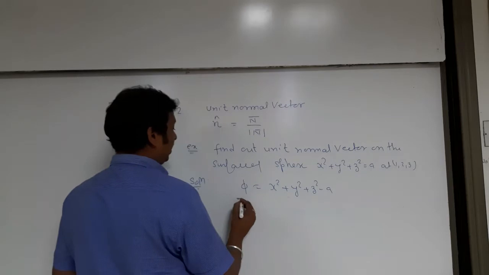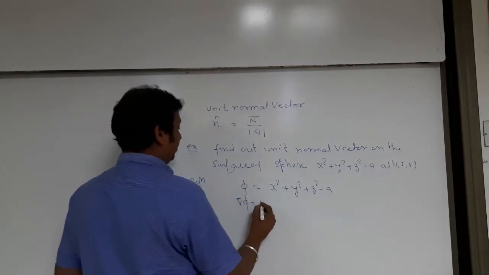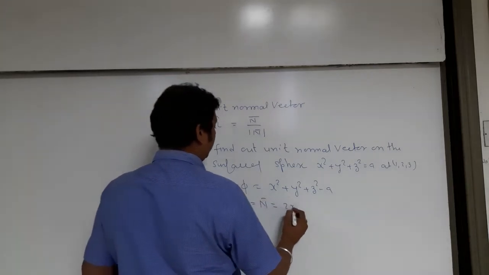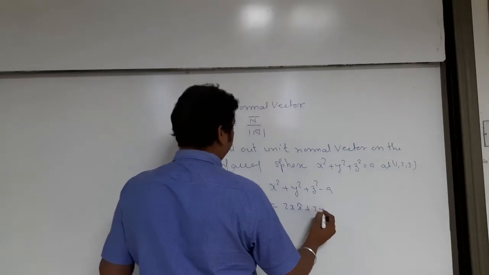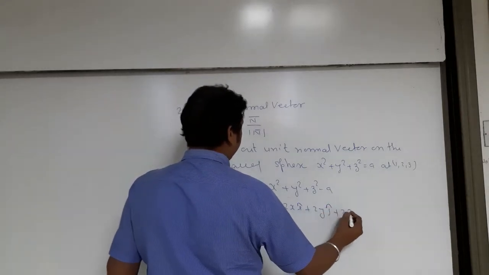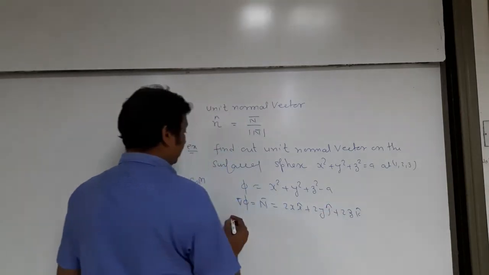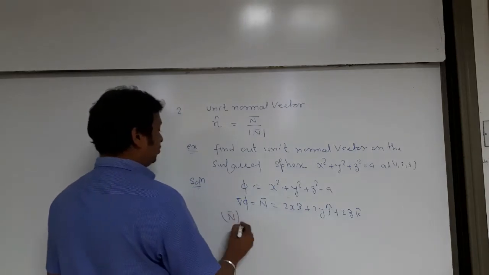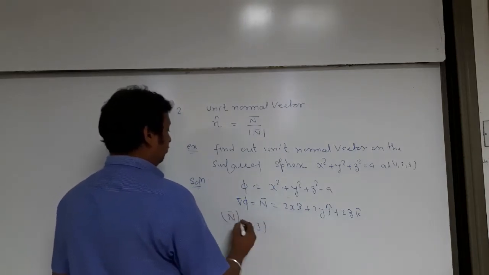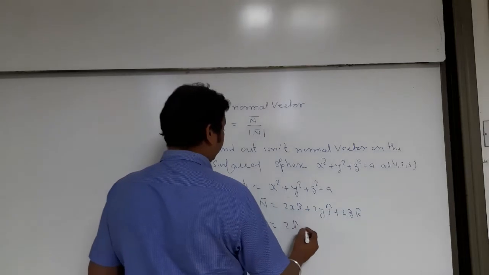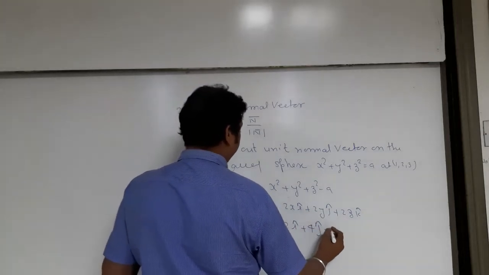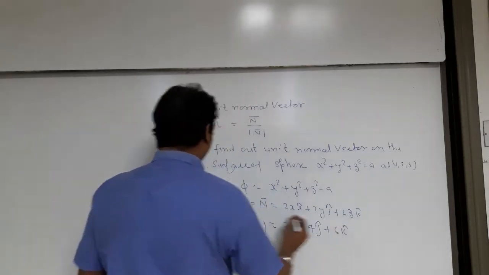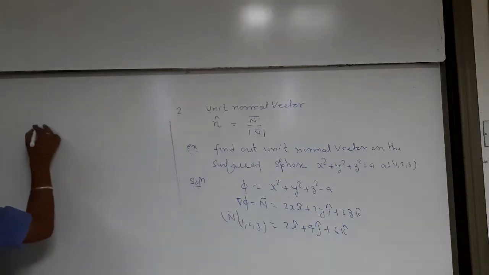So what is del phi, meaning n vector? 2x i, 2y j, 2z k. The n vector at the point 1, 2, 3 is 2i plus 4j plus 6k. So what is n cap?